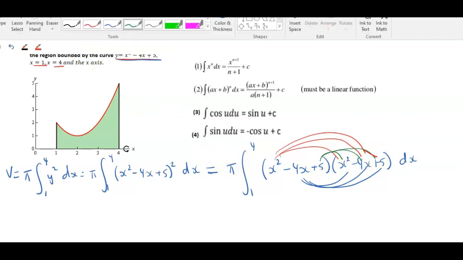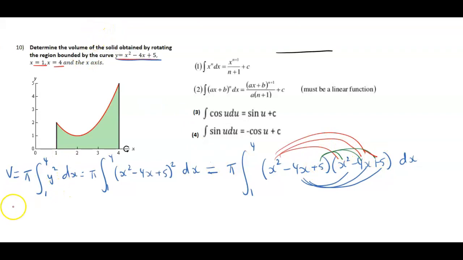So you'll get three separate sets of values, which will end up being x cubed. Now of course you have to put your pi integral x cubed, going from 4 to 1. Sorry, this will be x to the 4. That's the red section. Blue section.